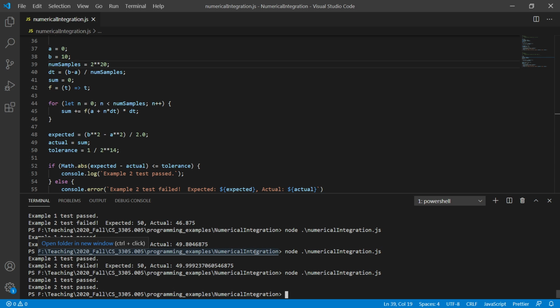And so for the original one, when we had this simple area where it was just a constant, we were just measuring the area under a constant slope, it was linear, and it really didn't take a lot of samples to get the accuracy that we were looking for. We just had to use some power of 2 to get what we wanted.